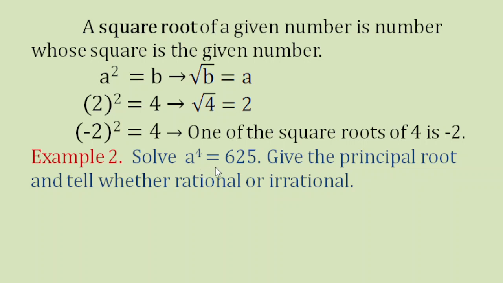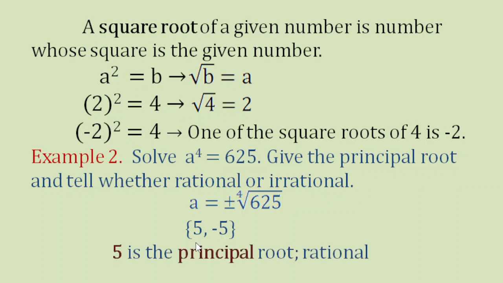Since we know that there are 2 fourth roots, one positive and one negative, we can write a equals positive and negative fourth root of 625. Now, the values of a are 5 and negative 5. And this positive 5 here is our principal root, and of course it's rational.